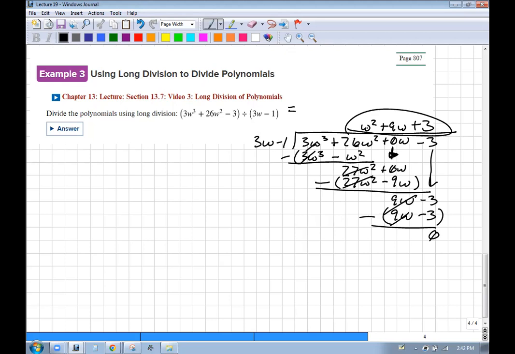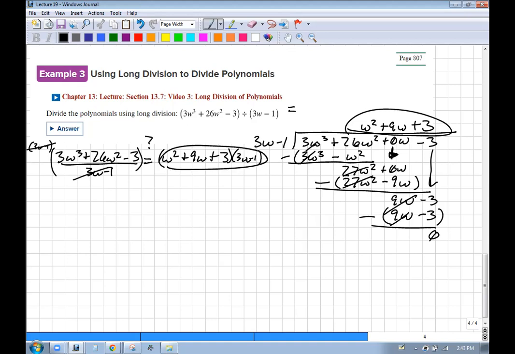All right, and you can check your work. They're saying 3w cubed plus 26w squared minus 3 divided by 3w minus 1 is equal to w squared plus 9w plus 3. Did we do it right? Well, if we multiply both sides by 3w minus 1, that and that cancel. So is this times this equal to that? Let's find out. We have w squared times 3w is 3w cubed.